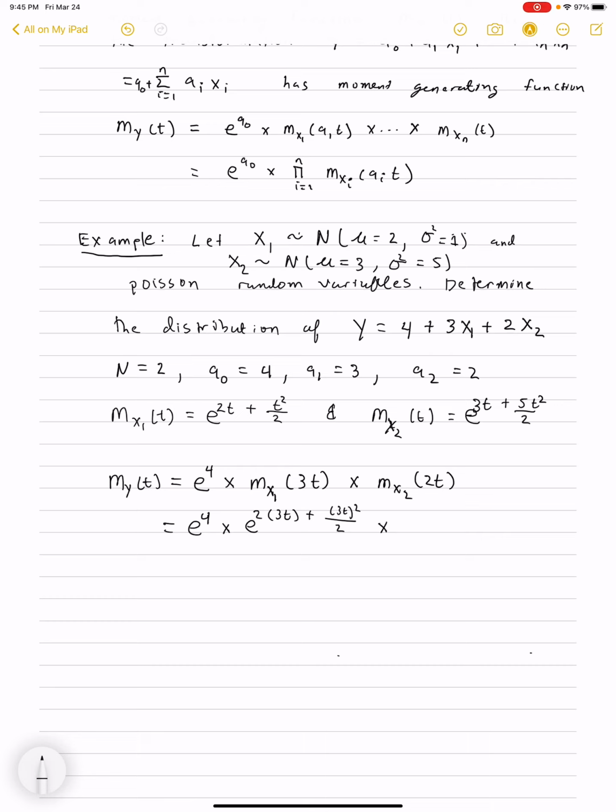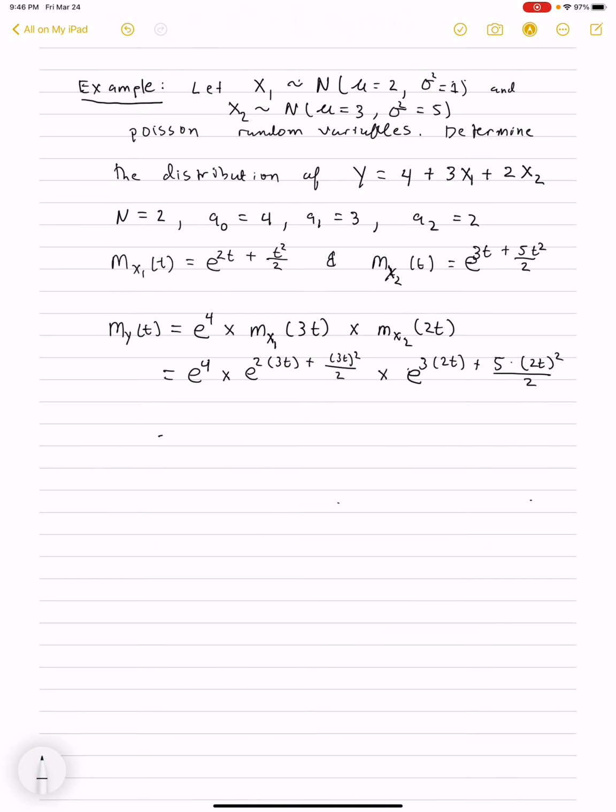Now we have to do the same thing for the second moment generating function. This will be e to the 3t, but t is replaced by 2t, so times 2t, plus 5 times 2t squared, divided by 2.